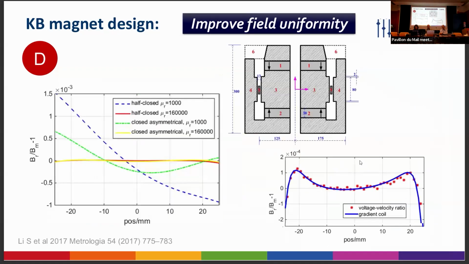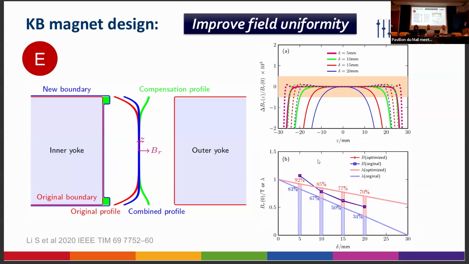Also, you can use very high permeability yokes, right? For example, the BIPM, they don't have the cover. This symmetry is not good, right? But they use really high permeability yokes, and in the end, they have nice symmetry on the profile, right? So this is also a very nice way. Of course, you can do inner yoke compensation. This is an idea proposed with Stefan some years ago.